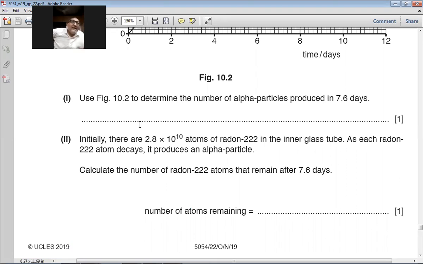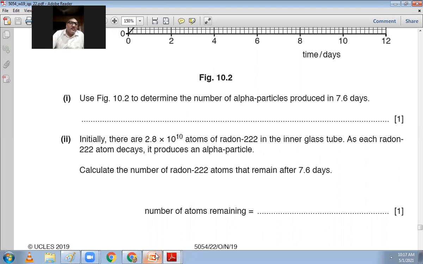So how many are left? After 7.6 days, the alpha particles show the number of radon nuclei which have already decayed. So I know the initial number of atoms, and from there subtract this one and you will get the answer.